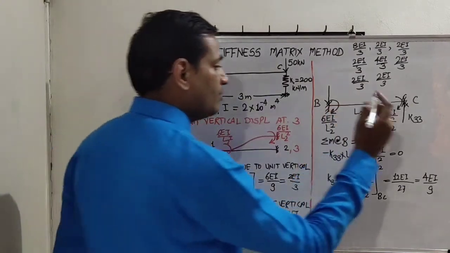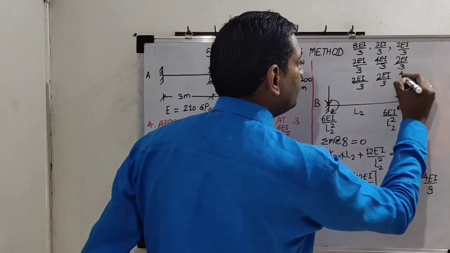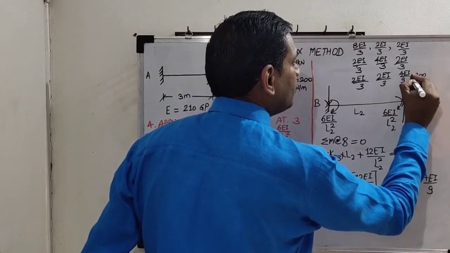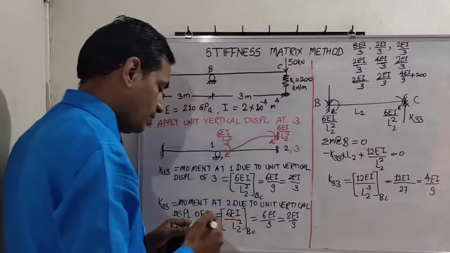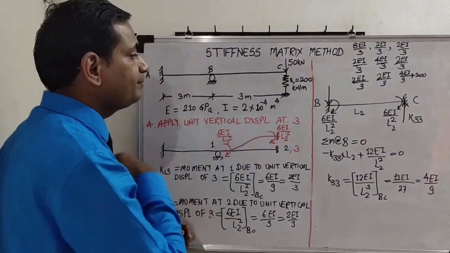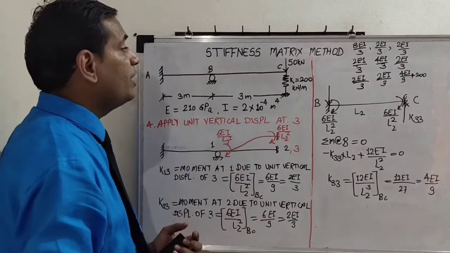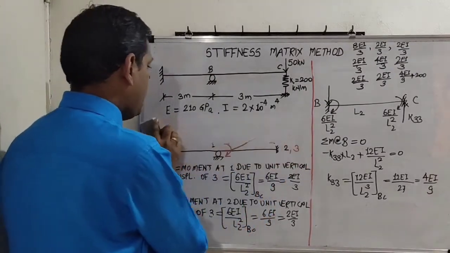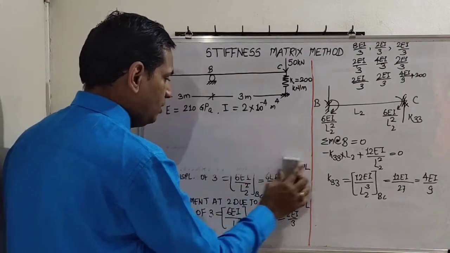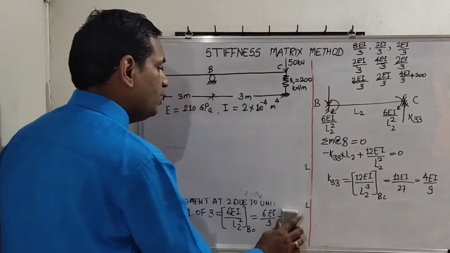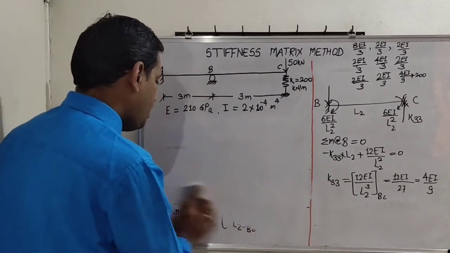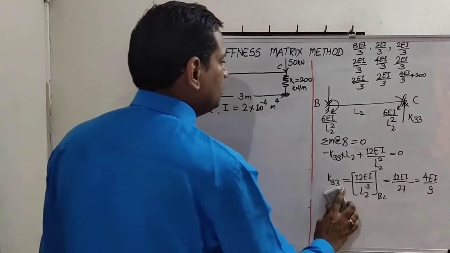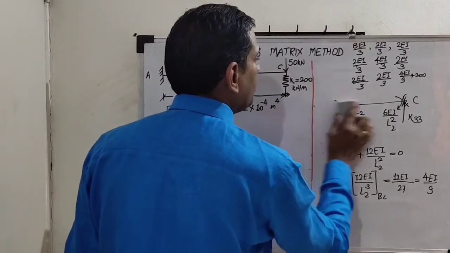Okay, so 4EI by 9 plus 200. That is only the change that we have to consider, and then we can now solve the 3x3 inverse matrix and find the unknowns. Okay.